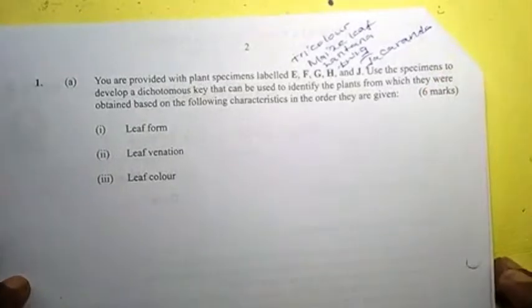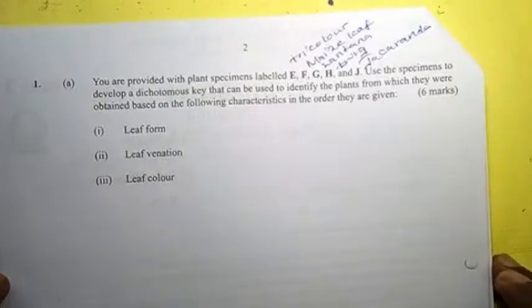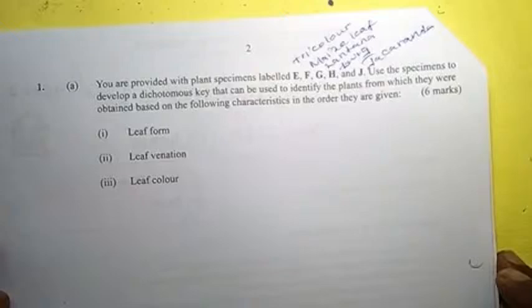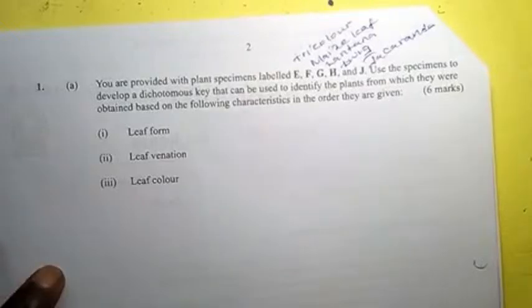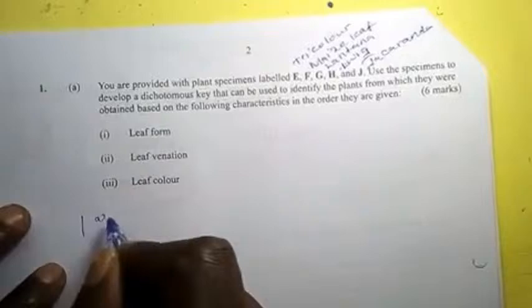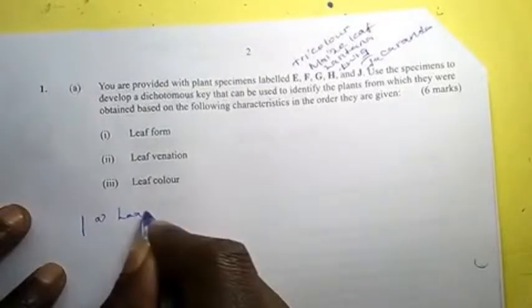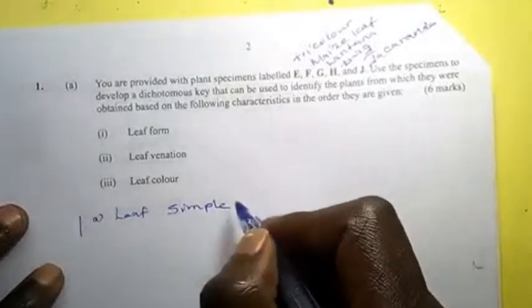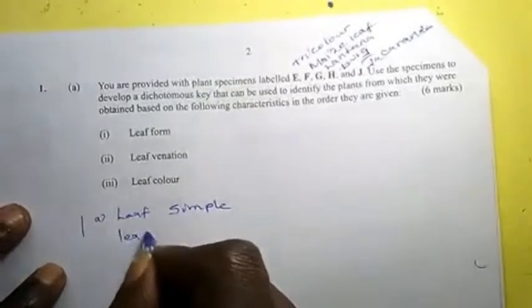Now you are required to construct a dichotomous key based on the following characteristics in order they are given. Now we start with leaf form. You start with number 1A, leaf simple, and 1B, leaf compound.